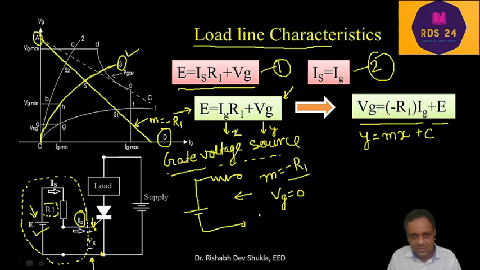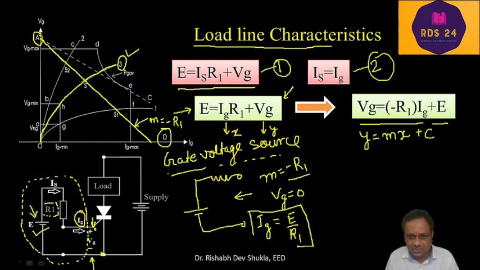We have Ig equal to E divided by R1. So it can be less than the value of Ig max, or greater than it. It will depend upon the value of the internal resistance or series resistance and the value of E.